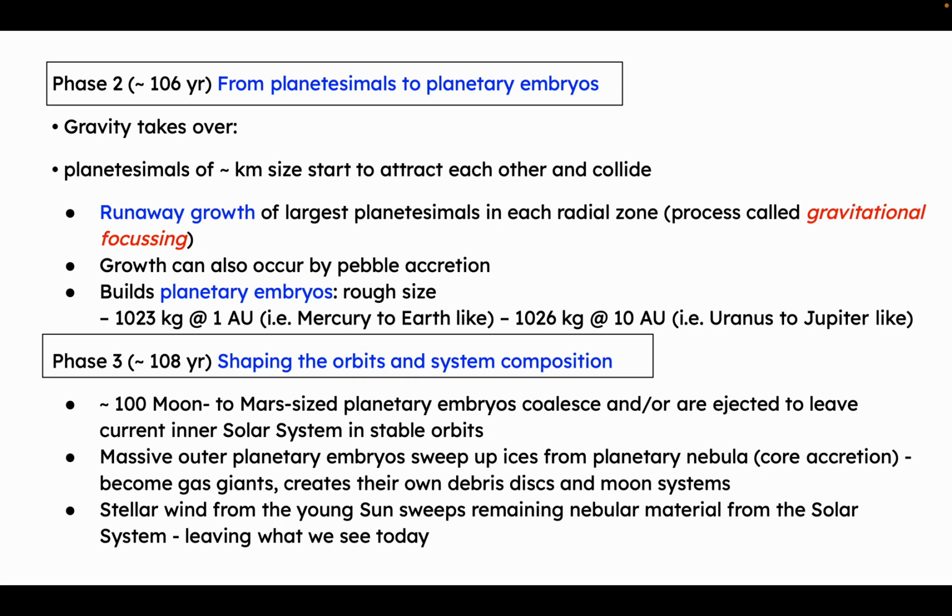Massive outer planetary embryos sweep up ices from the planetary nebula by the process known as core accretion, and grow larger and become gas giants. It is believed that these massive outer planetary embryos create their own debris disks and moon system.